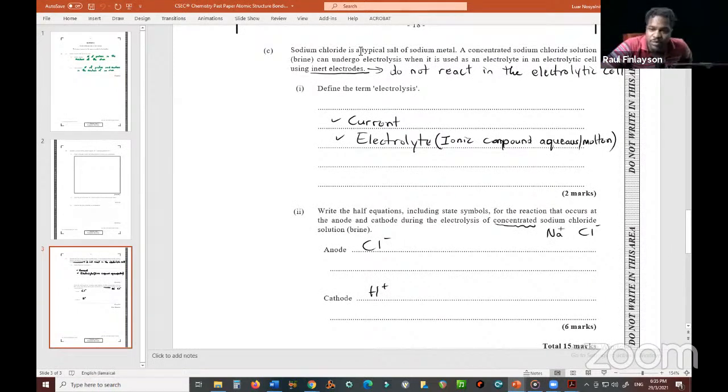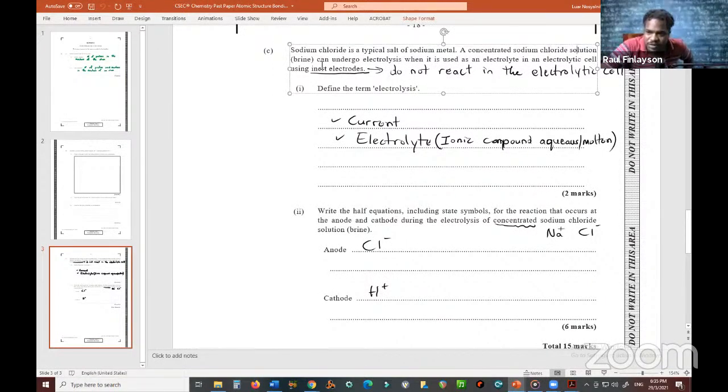In this question, sodium chloride is a typical sort of sodium metal source, concentrated sodium chloride solution, brine. They can undergo electrolysis when it is used in an electrolytic cell using inert electrodes. We say that inert electrodes are those that don't react in the electrolysis. So in the video we saw the carbon electrodes did not affect what was formed, and that's important.